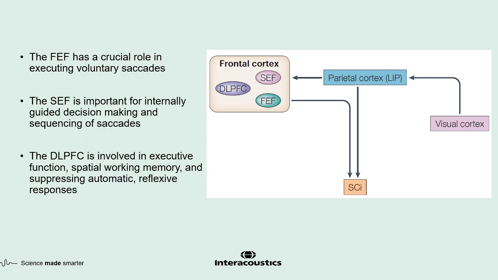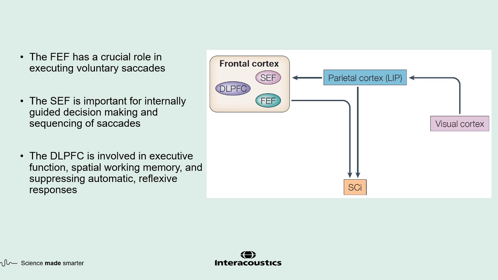Again, the frontal eye fields have a crucial role in executing voluntary saccades. Anytime you move your eyes from target to target on purpose, the frontal eye fields are involved. The supplementary eye field is important for internally guided decision-making and sequencing of saccades. And the dorsolateral prefrontal cortex is involved in executive function. So when people have things like attention deficit disorders or any sort of dysexecutive syndrome, there's usually a dorsolateral prefrontal cortex issue.